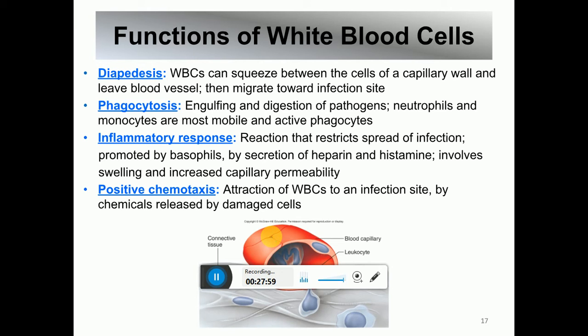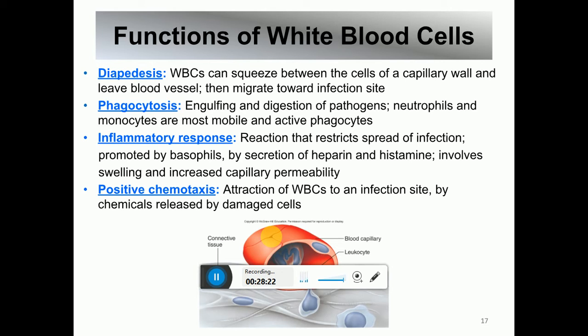And that again is known as diapedesis, which is a function of our white blood cells. Phagocytosis, which is eating up any germs and foreign bodies, is a function of leukocytes, especially the main phagocytic cells of our body, the M&Ms: monocytes, neutrophils, and macrophages.